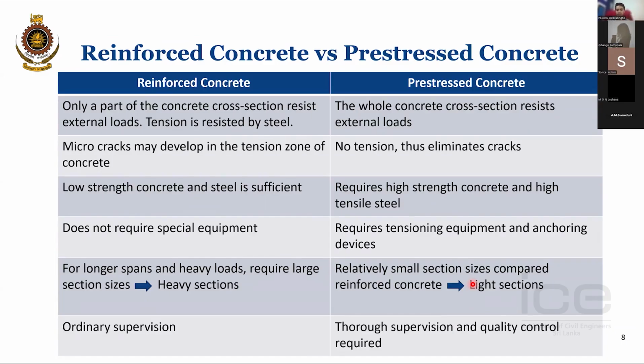It's like a vicious cycle that goes on. So for reinforced concrete, only ordinary supervision is enough, whereas for pre-stressed concrete, we need to maintain quality supervision. We need to apply the correct pre-stress. We need to make sure that the concrete is having the highest strength, and a lot of monitoring should be going on.